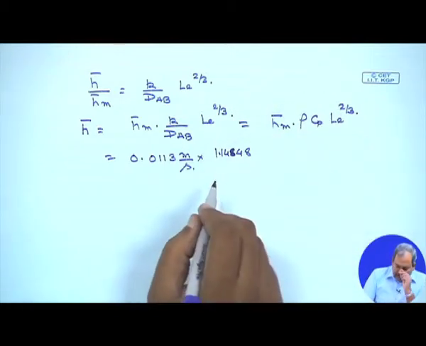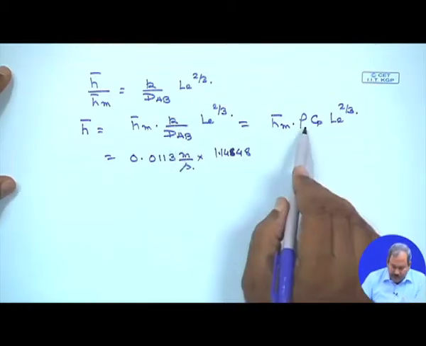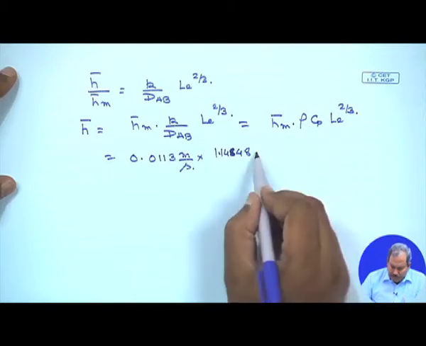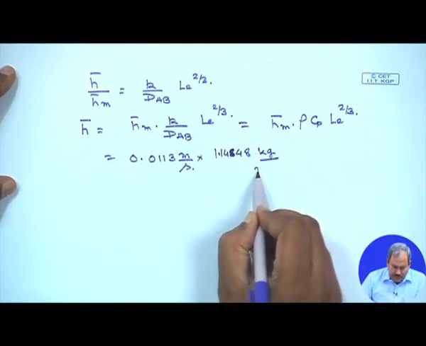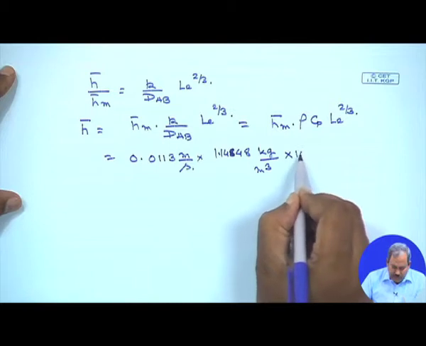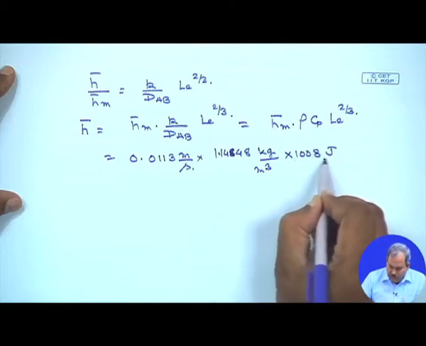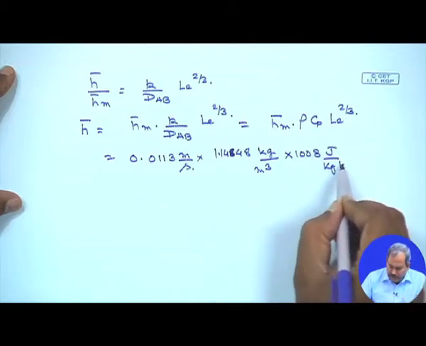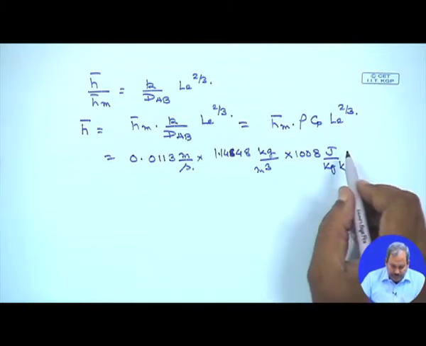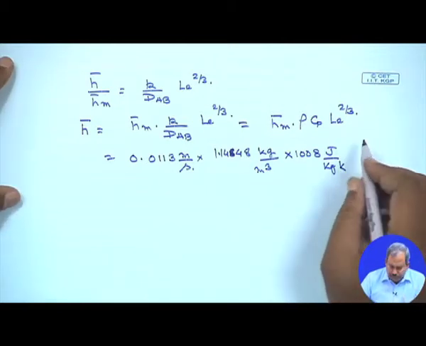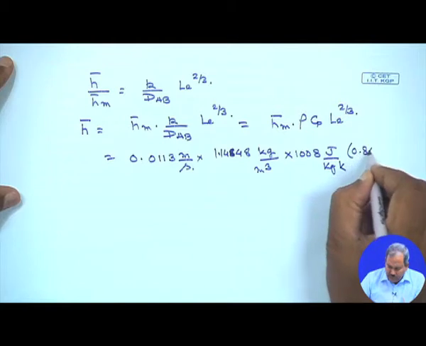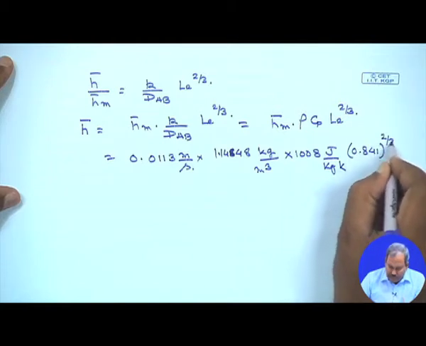So we can express this K by DAB in this form. So this is kg per meter cube, joule per kg Kelvin, and 0.841 to the power 2/3.